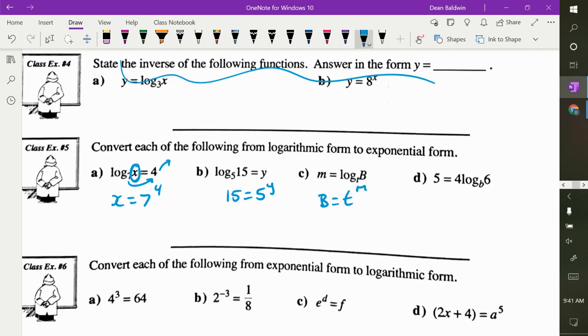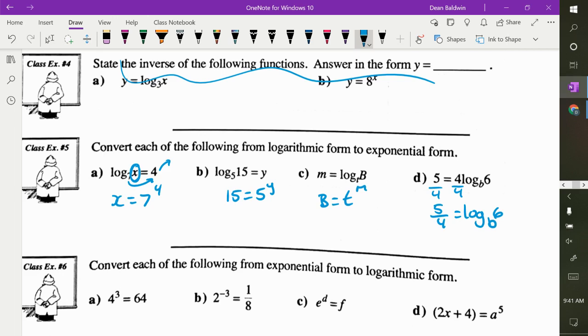Now, this one. We have a number in front of the log. If you have a number in front of the log, you need to get rid of that number. All right? So divide off the 4. Because it's being multiplied, right? So I get 5 over 4 is equal to log base b of 6.